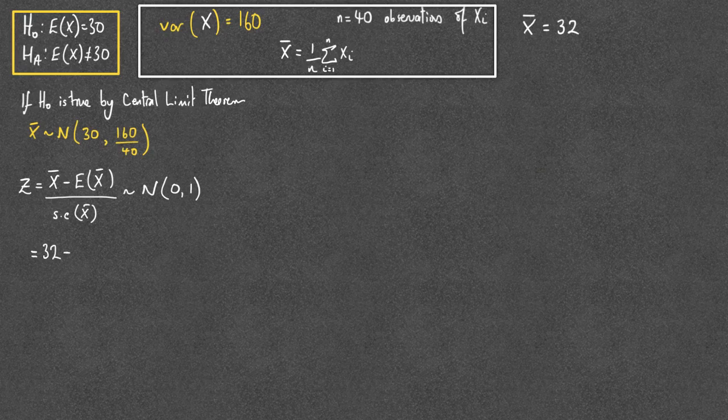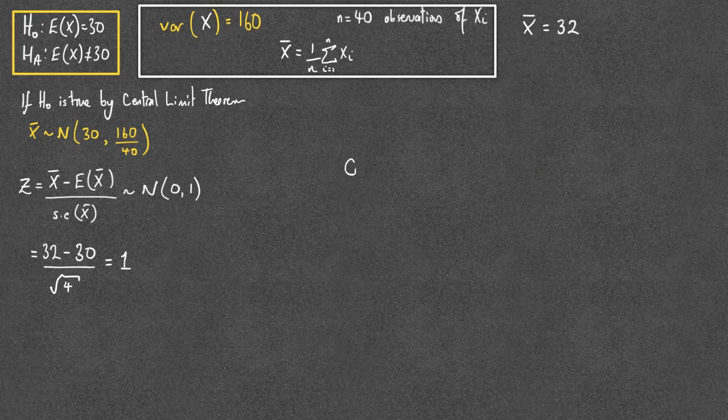The expectation of x bar, if the null hypothesis is true, is 30. We divide through by the standard error of x bar, and this is the true standard error of x bar, which is the square root of the variance of x bar. So that's going to be the square root of 160 over 40, or the square root of 4, which is going to be equal to 32 minus 30 over 2, which is equal to 1.